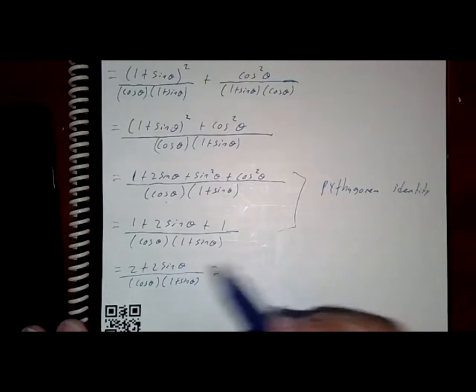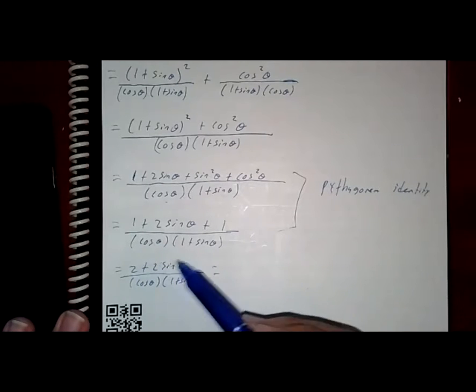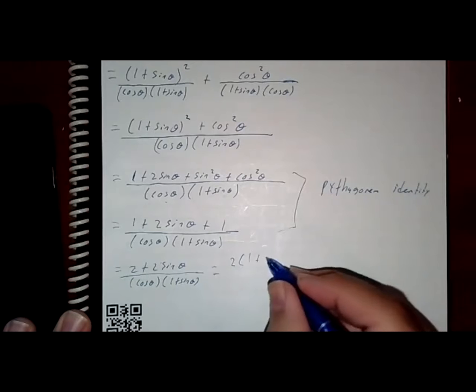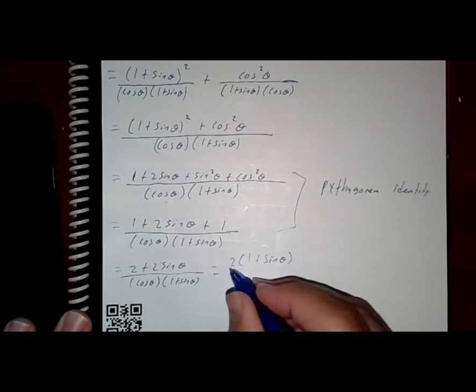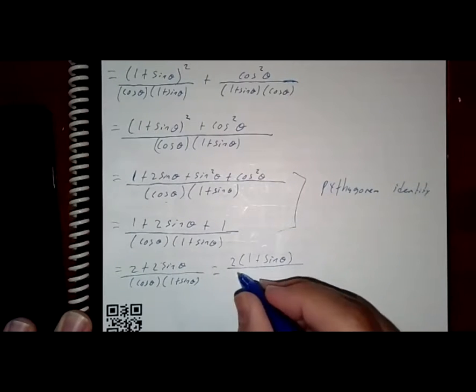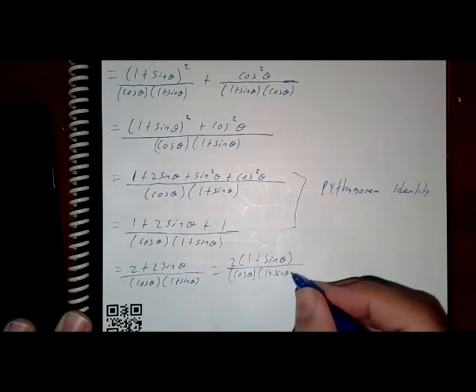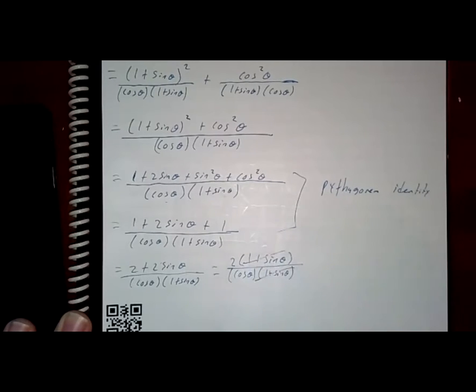So I'm going to factor 2 out of the top. And I get 1 plus sine over cosine times 1 plus sine. So notice how these cancel, right?